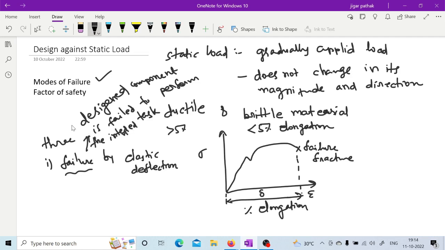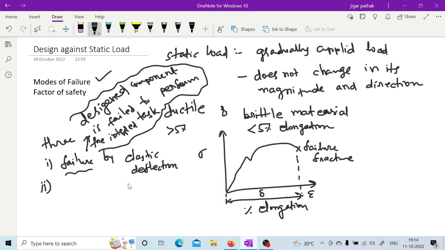This is the particular thing you have to mention for defining failure. So whenever any design component fails to perform the intended task, then you can consider it as failure. For some components like a transmission shaft, if it has elastic deflection, then it will not be able to transmit the power for which it is designed.